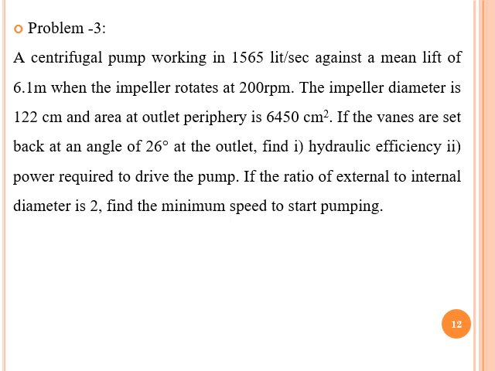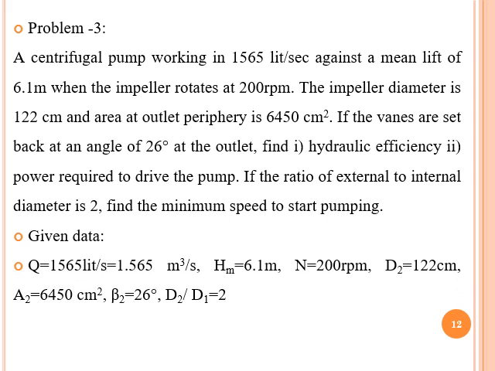And the third part is to find the minimum starting speed when the ratio of external to internal diameter is 2. The external diameter is given by D2 and the internal diameter is D1. That means the external diameter is equal to 2 times the internal diameter.